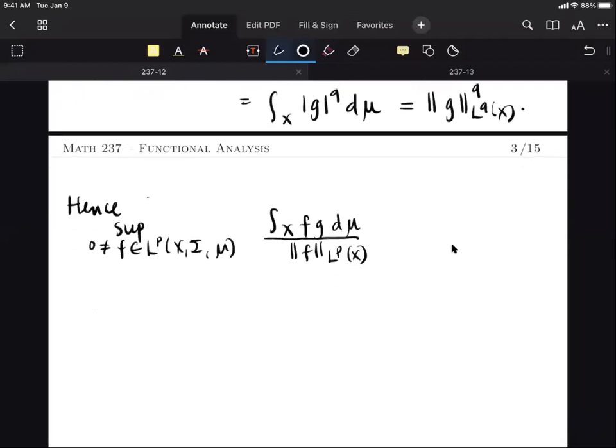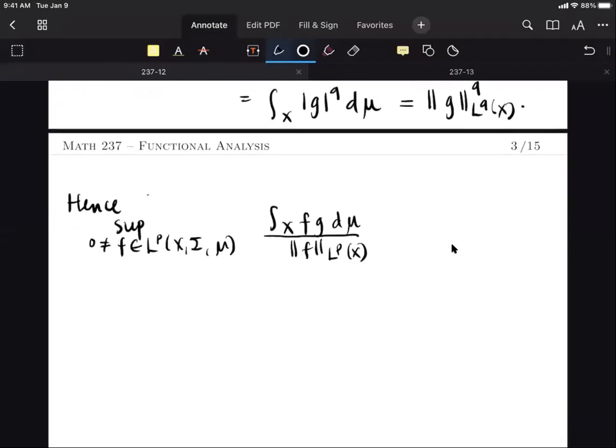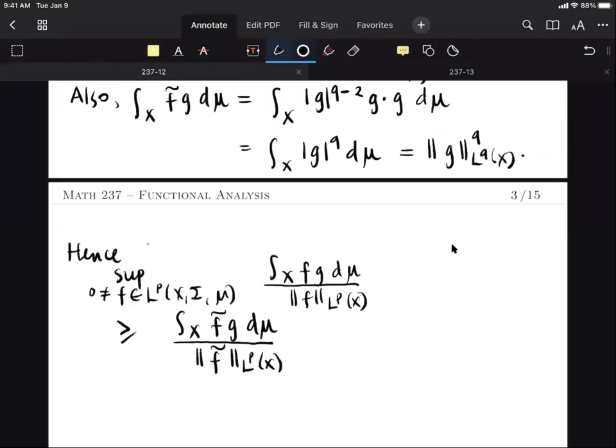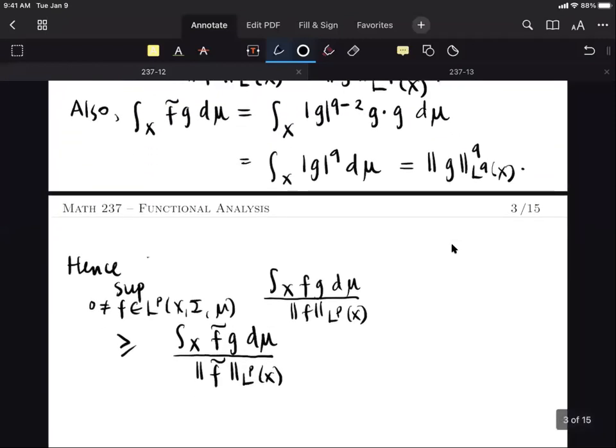Take note that this is the supremum, and since f tilde is just a specific non-zero element in LP, the supremum must be greater than or equal to this quotient. We already know the numerator: the LQ norm of g raised to q.